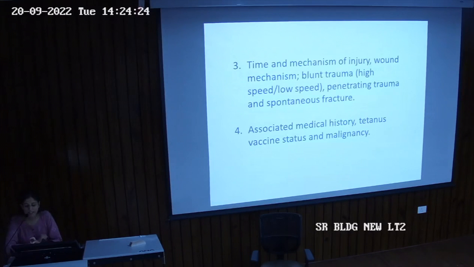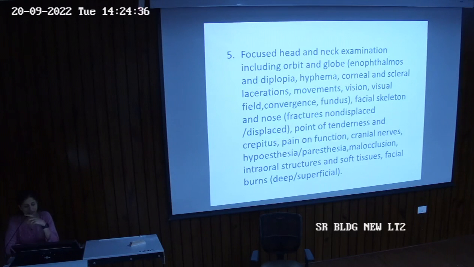So time and mechanism of injury, wound, blunt trauma, penetrating trauma, spontaneous fractures. The kind of trauma that you have is very important to understand the management of that trauma. So focused head and neck examination including orbit and globe, because the globe can have enophthalmos, diplopia, hyphema, corneal and scleral lacerations, movements, vision, visual field, convergence, fundus.